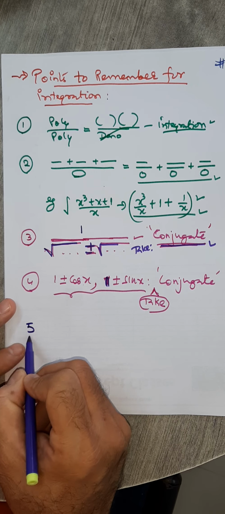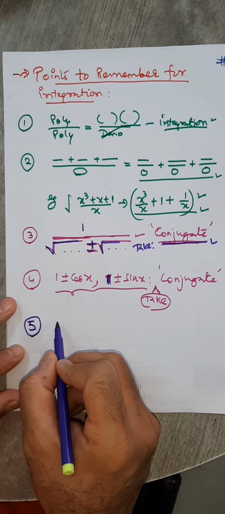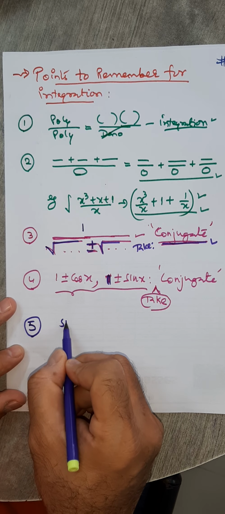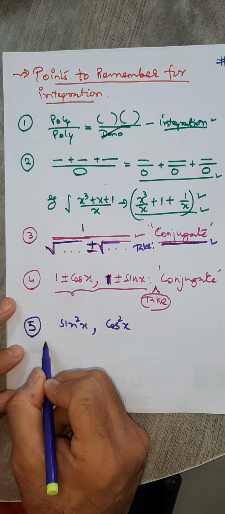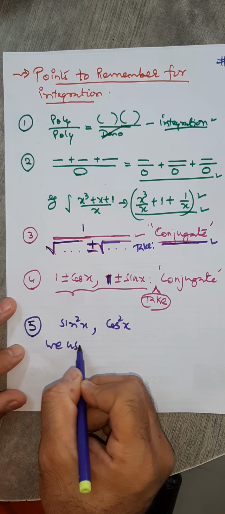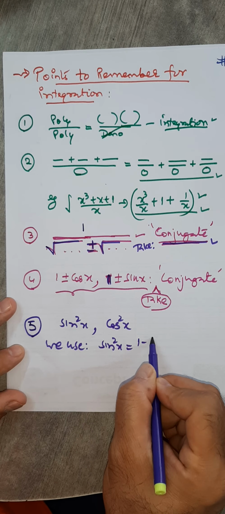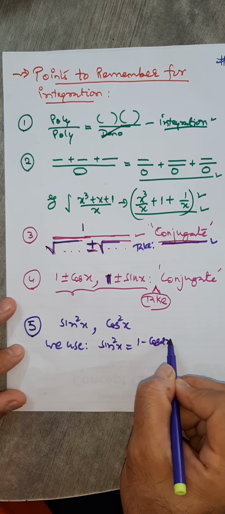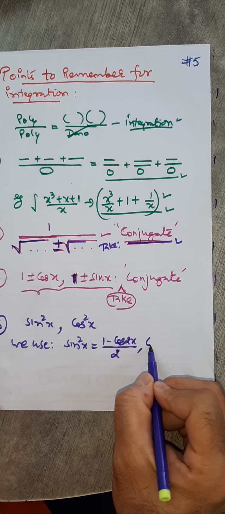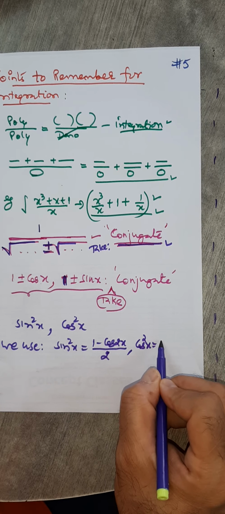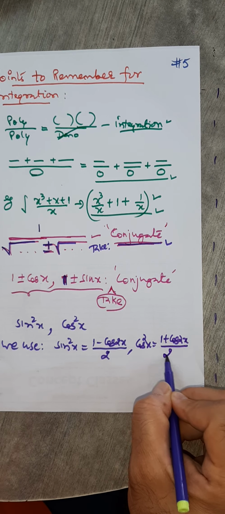Fifth one here. If you have sine square or cos square present, then we use the double angle formula. You know sine square x is 1 minus cos 2x the whole by 2, and cos square x is 1 plus cos 2x by 2, the double angle formula.